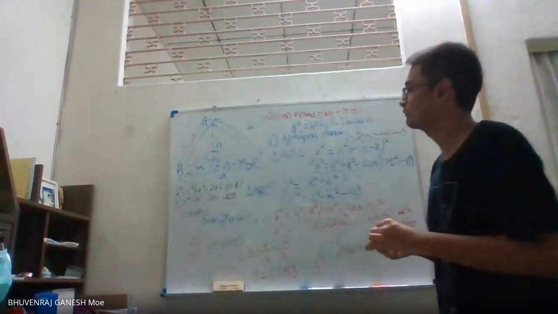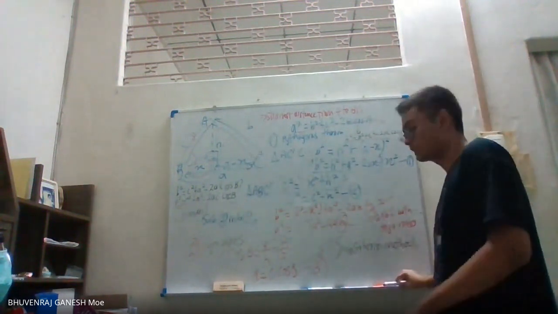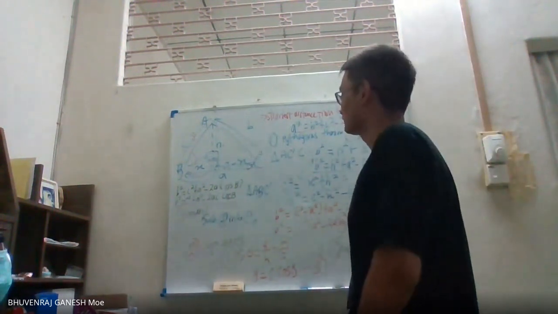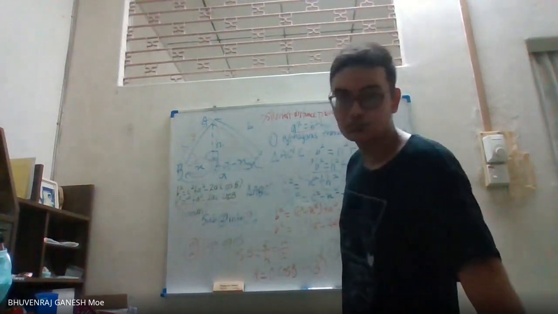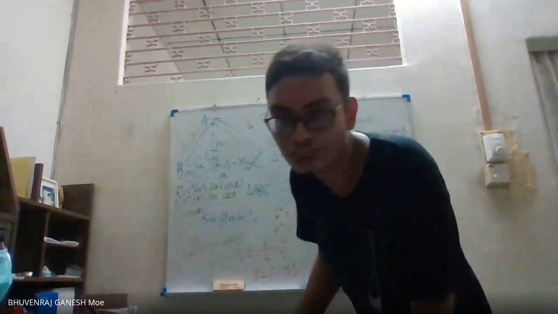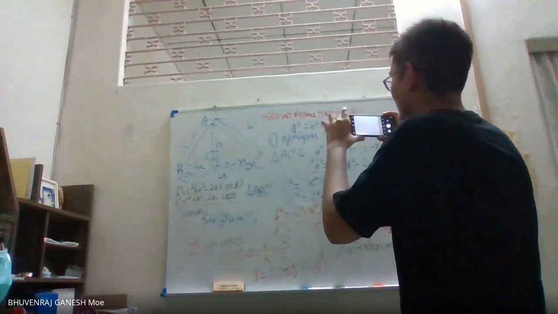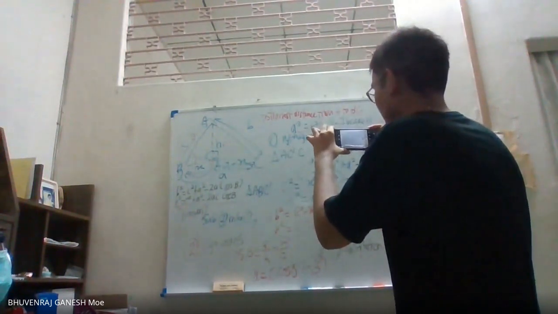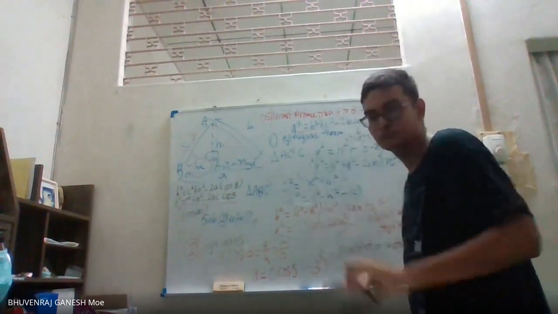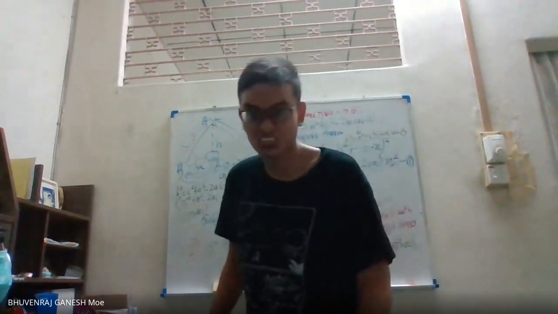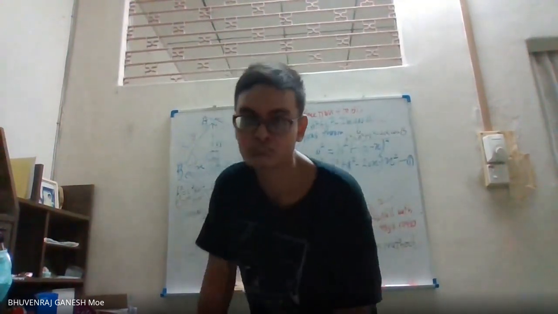So it can be in any form: A square is b square plus c square, or b square is c square plus a square, or the other way around. So yeah, this is how we derive the formula. This is the whole thing. This is cosine rule. The whole formula actually comes from there.